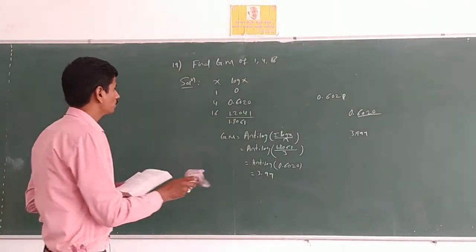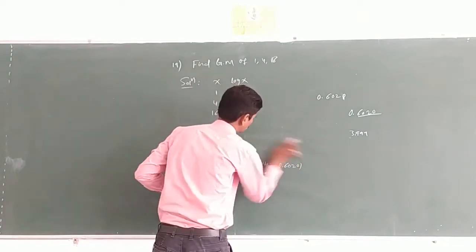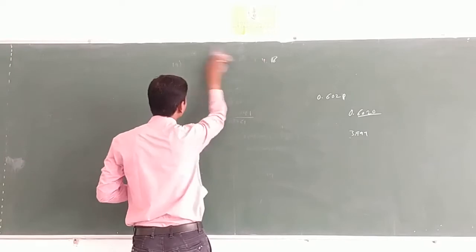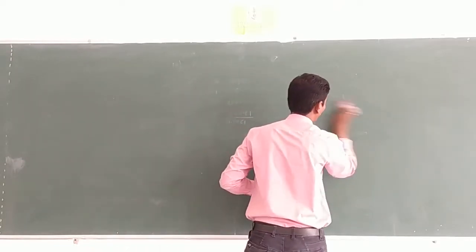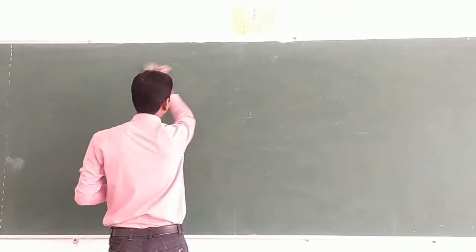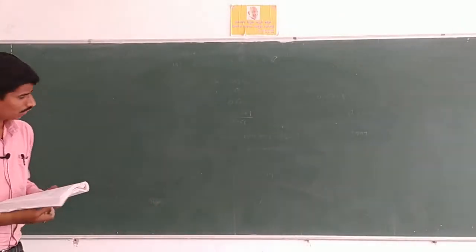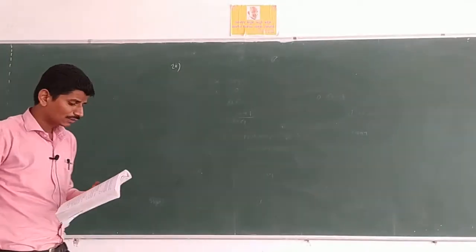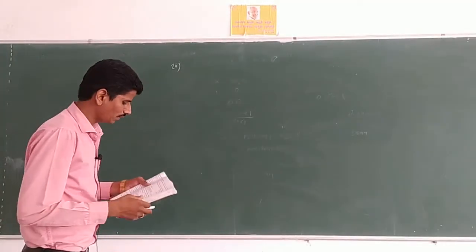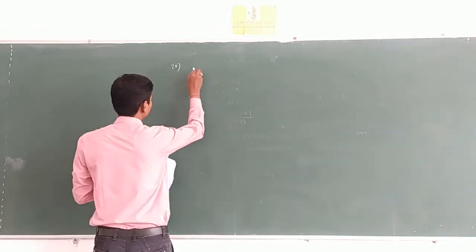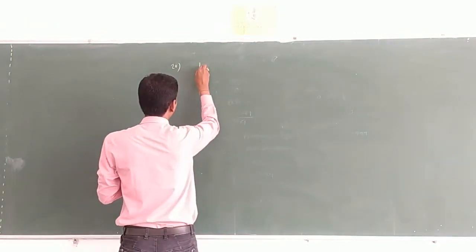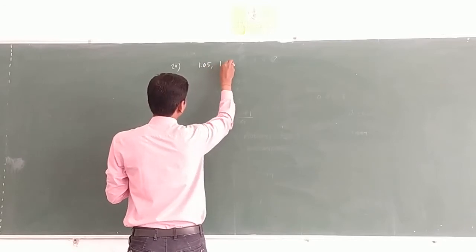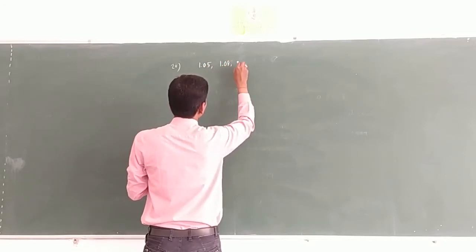The next problem, the 20th problem: find the geometric mean of 1.05, 1.08, 1.77.